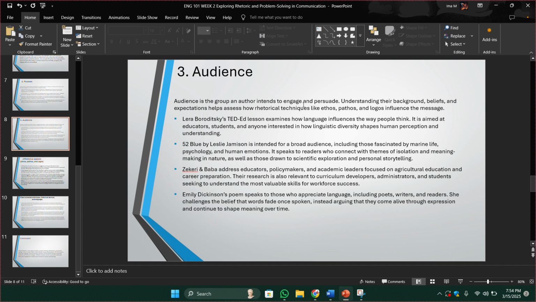The third one is the audience. Who is the author speaking to, or what group of people does the author want to engage? These four articles talk about the individual audiences that the author intended to communicate with.